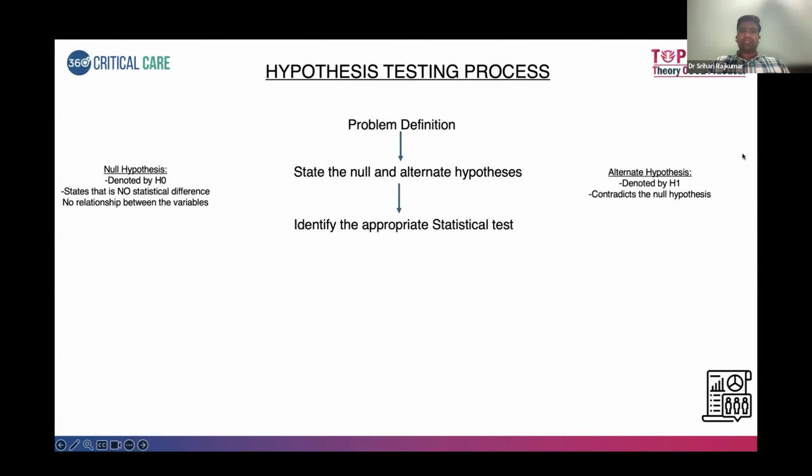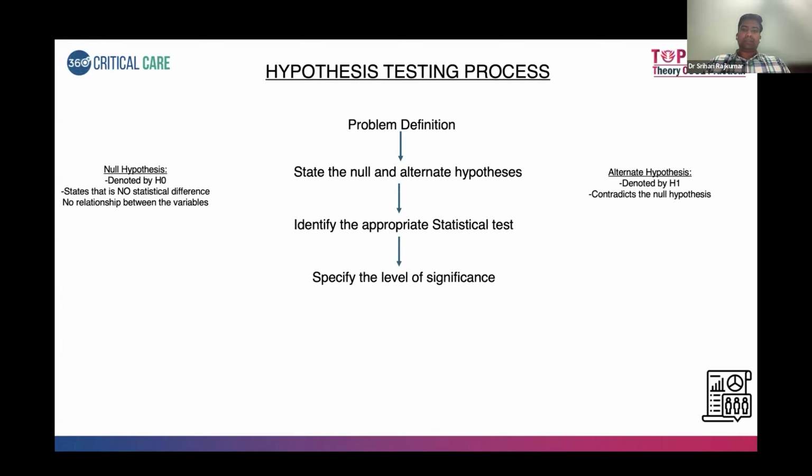Once the null and alternate hypotheses are stated, you need to identify the appropriate statistical test, which you will consider once you have collected the sample. You would have made a plan, made an assumption, and collected data. Once you have collected data, make a master chart, then identify the appropriate statistical test.